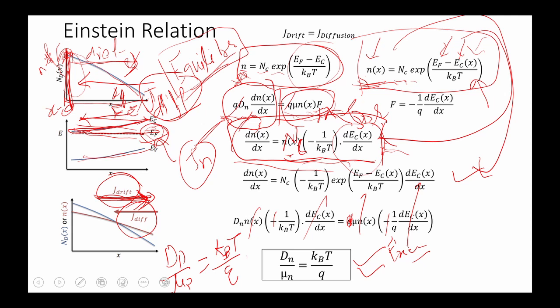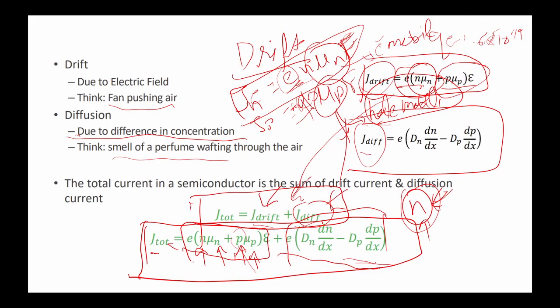Does anyone have any doubt till here? Because now we have established the relations. We have seen the total current inside a semiconductor, which is nothing but the drift current plus the diffusion current.